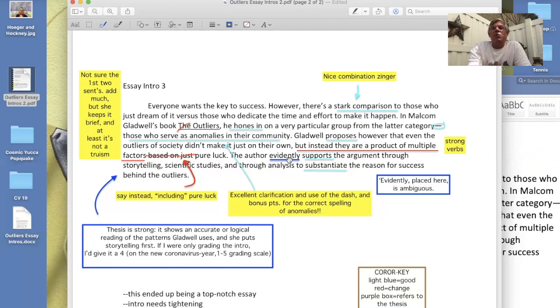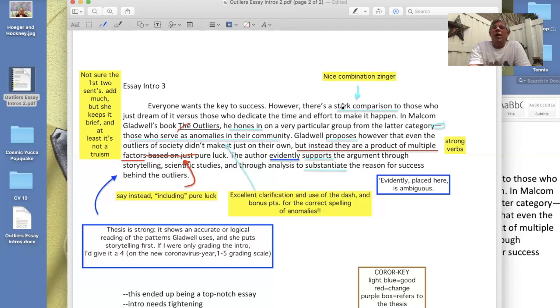Evidently also gives me a little bit of trouble here. The author evidently supports. Do you mean evidently at the beginning, the author supports, or do you mean more as supports with evidence? I'm a little confused about what that means. Okay, and I like these combination zingers.